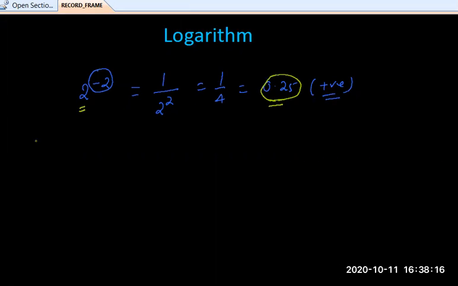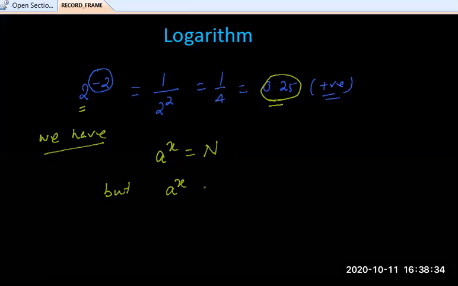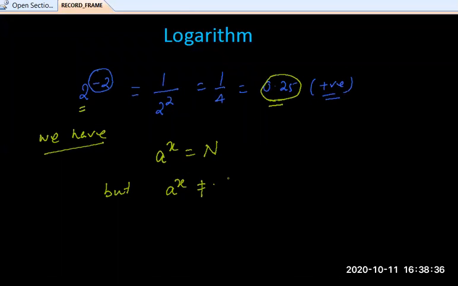So if a to the power x is equal to n, the condition is that a to the power x is never equal to minus n.